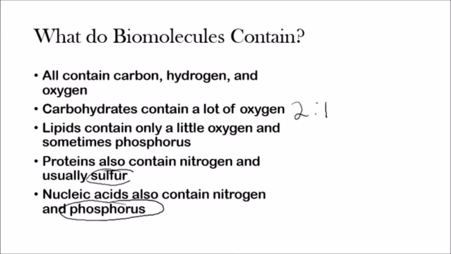Now, the reason I circled these two elements, sulfur for proteins and phosphorus for nucleic acids, is because these are the elements that are very unique. Proteins are the only biomolecules that have any amount of sulfur at all, besides some very specific biomolecules that aren't really classified into any of these four. But proteins are the only biomolecules of these four groups that contain a significant amount of sulfur.